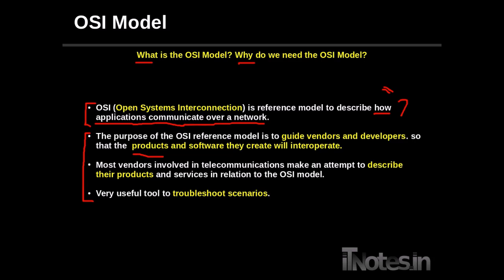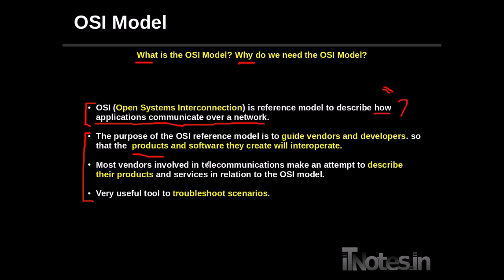Some of the sites you might have seen are only compatible with Internet Explorer, or with Google Chrome and Firefox. The reason why compatibility issues come is because people are not following the standard. So following the standard is very important, and the OSI model is a standard.